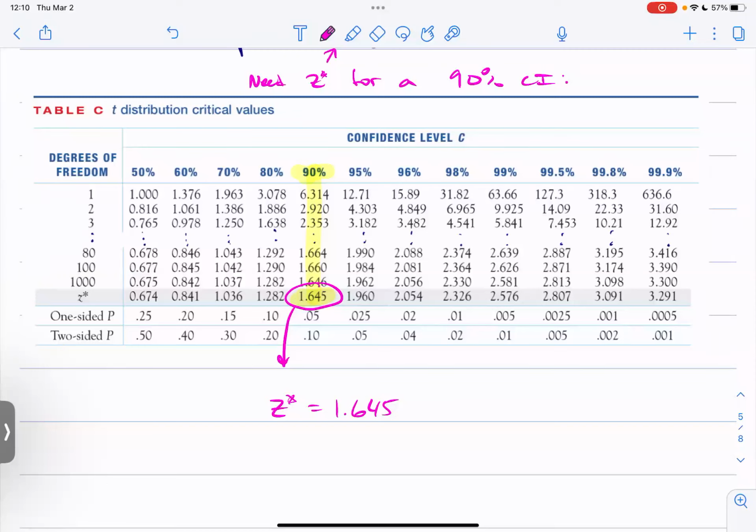And again, if you're showing your work properly and you tell me that I'm going to use a z star of 1.645, or maybe your eyes slipped and you went to 1.282, that can happen. Then if you tell me that's what you're going to use, I'll have to take away a mark, or I usually do half a mark for typos like that. But if you followed through, then you're good.